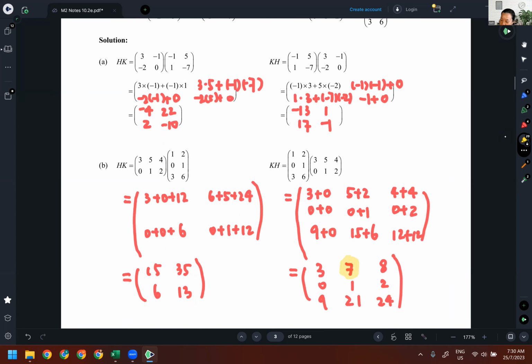And 7 is from 5 plus 2. And how did I get 5 plus 2? That is the first row, the second column.